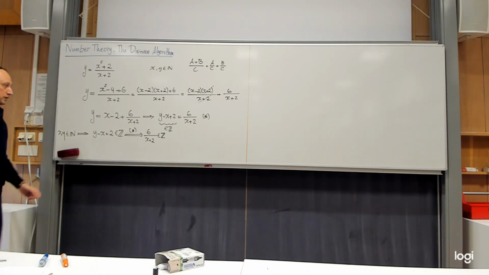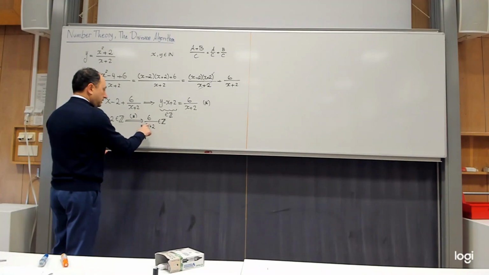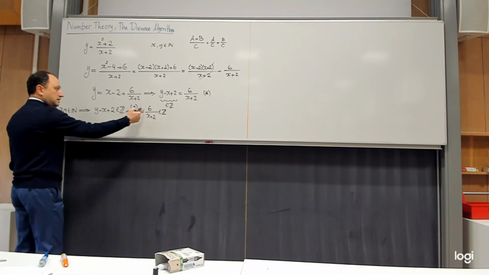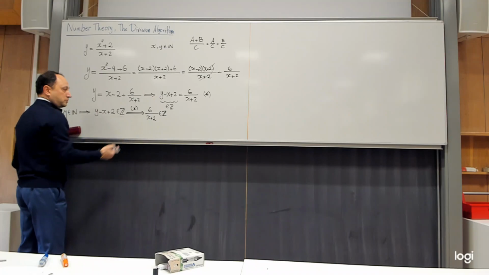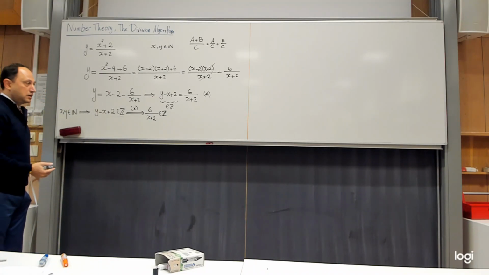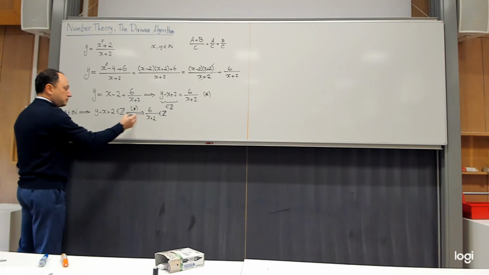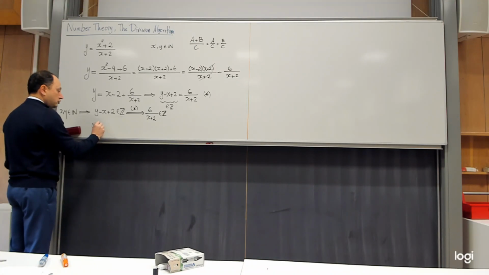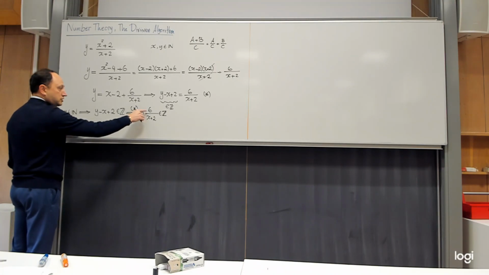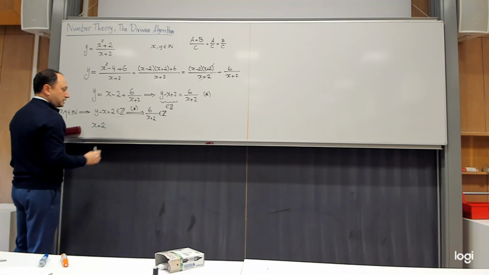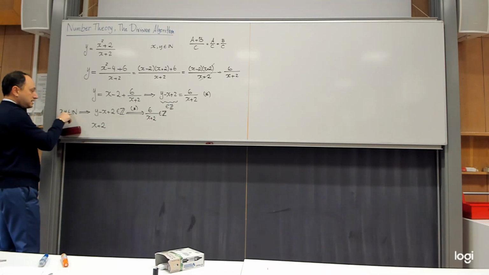Okay, and then what does it mean? It means that 6 should be divisible by x plus 2. Otherwise, this cannot happen. So x plus 2 should be a number so that 6 is divisible by it. On the other hand, x is an integer.